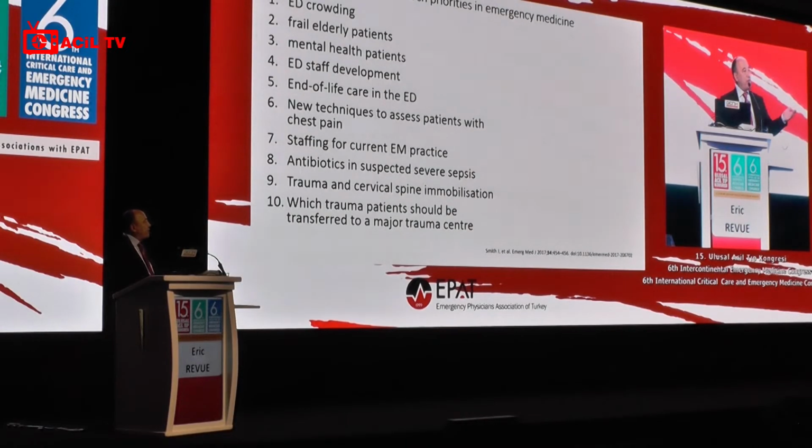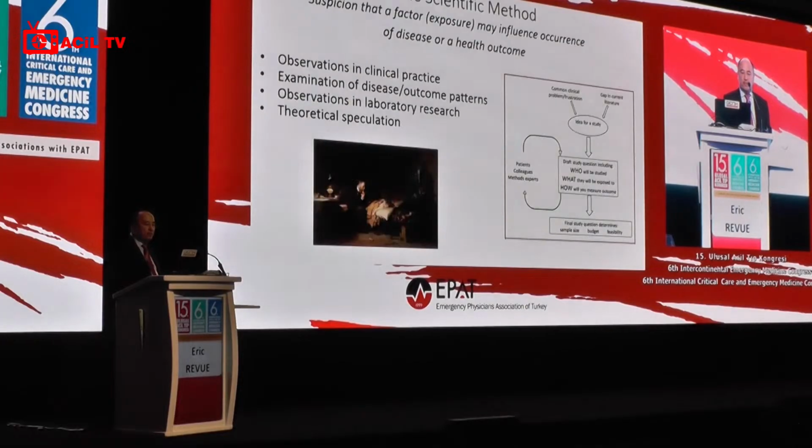Maybe asking other countries how they fix the problem, how they can organize the ED differently. I'll let you see the others that have many research on the priorities in emergency medicine.